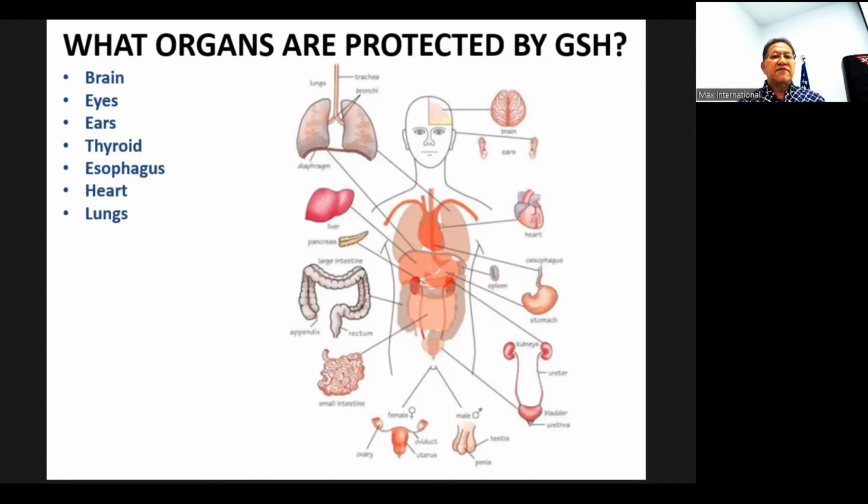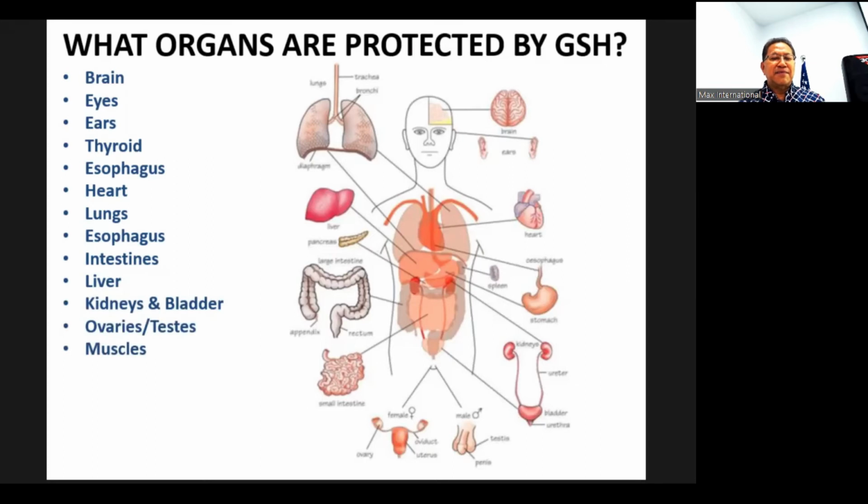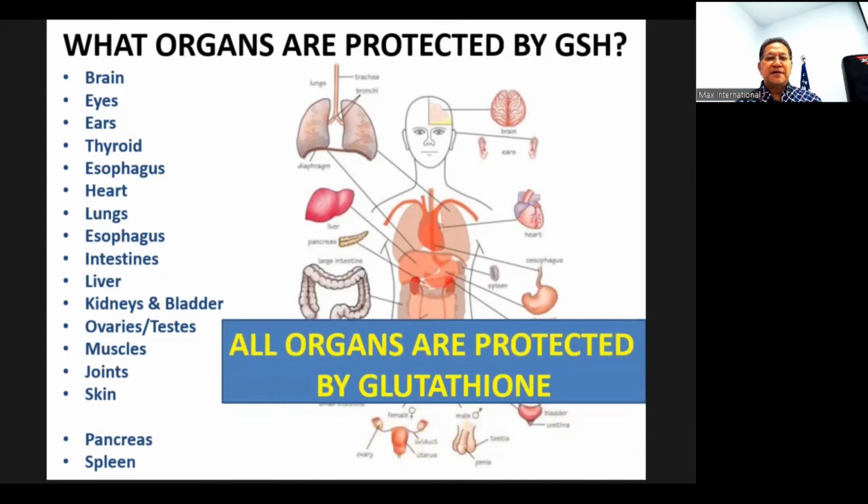The main protector of the heart, of the lungs, esophagus again, so important, intestines, the liver, kidneys and bladder, ovaries and testes, muscles, joints, skin, pancreas, spleen, and any organ I miss, still protected by glutathione. Okay, all organs are protected by glutathione.